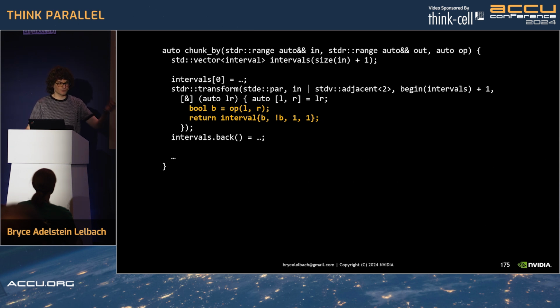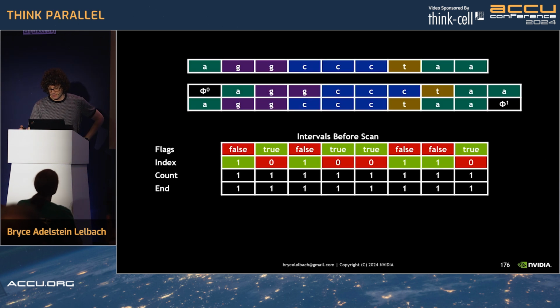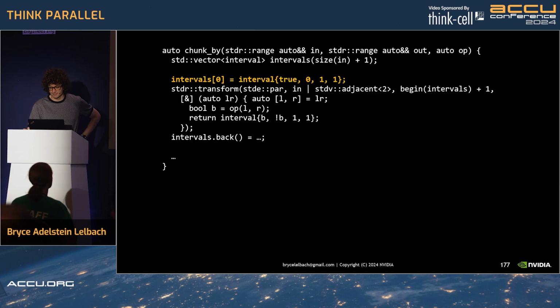As we sum up intervals for a tile, they'll begin to represent multiple points, and then count may be greater. So for our example problem, the initial state for the interior points is going to look like this. You can see we've got flags, we've got index, which is the inverse of flags, but as an integer, and then we've got 1s for count and for end. It's very simple thus far.